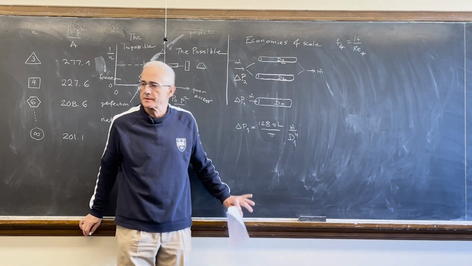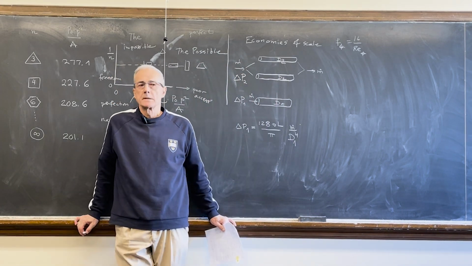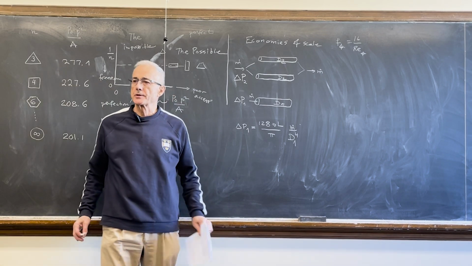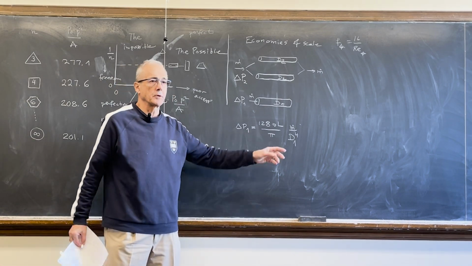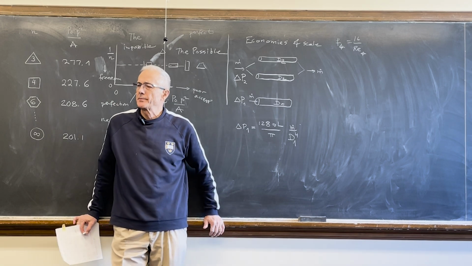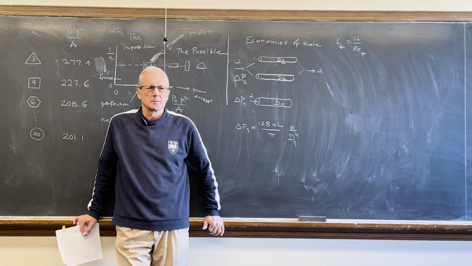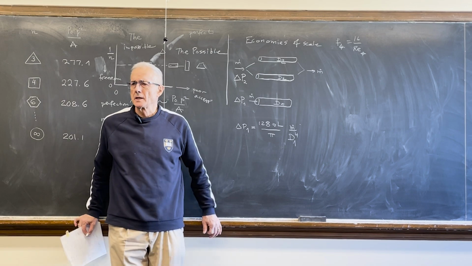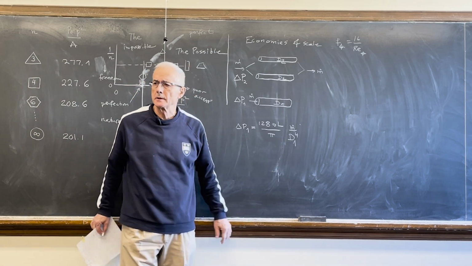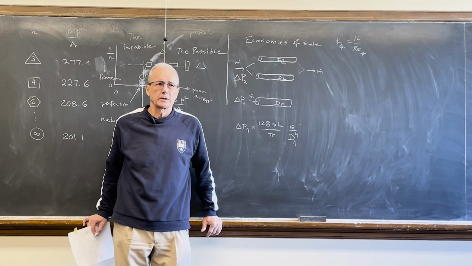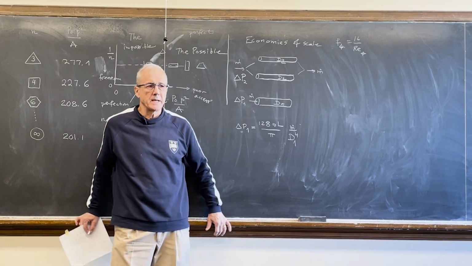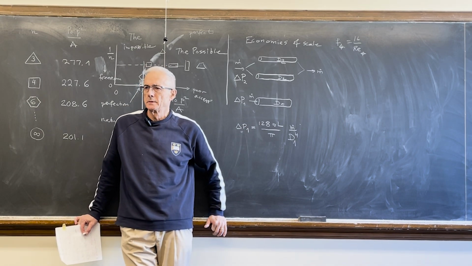This is already a discovery worth keeping in mind, and it says that the pressure drop through a round tube depends very, very strongly on the tube diameter. If you fiddle with the tube diameter in the wrong direction, meaning to make it smaller, you make this pressure drop blow up.